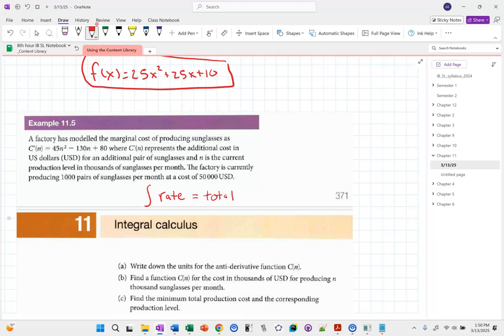And we do this all the time, right? Say you're driving your car at 50 miles per hour over the course of 10 hours. How far did you go from hours 3 to 4? Well, 1 hour at 50 miles per hour, you accumulated 50 miles total of distance, right?